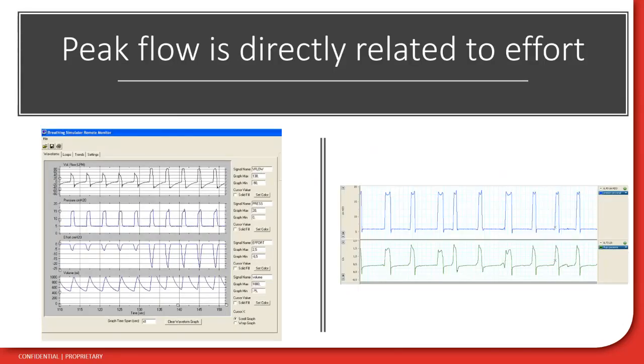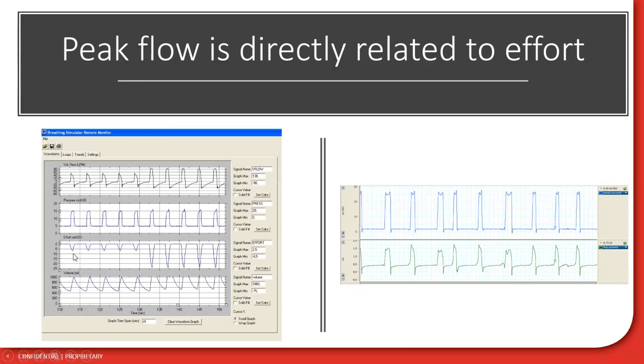The first concept is that the peak flow, the maximum flow, is directly related to effort. Let's analyze this simulation. Remember, flow at the top, pressure in the middle, effort the third channel, and volume at the bottom.